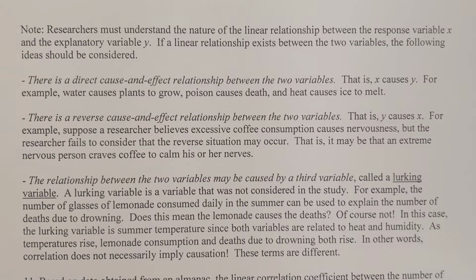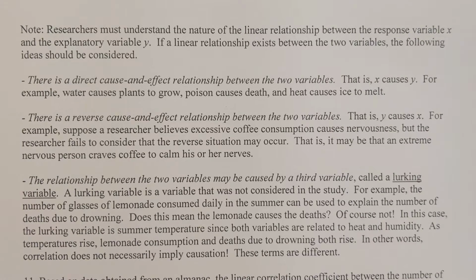So that's one thing to consider: what's the relationship between the two variables? Well, maybe one's causing the other one to happen. Another one is there's a reverse cause and effect relationship between the two variables. That is, y causes x to happen.